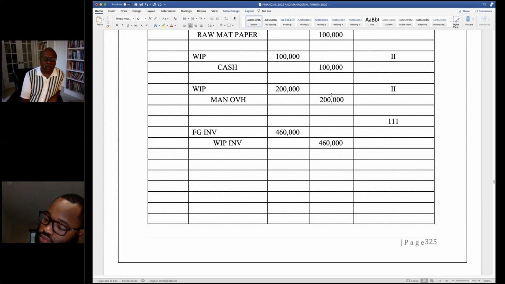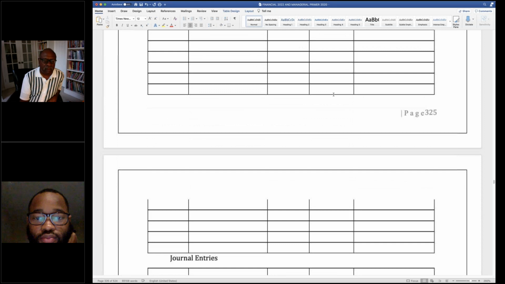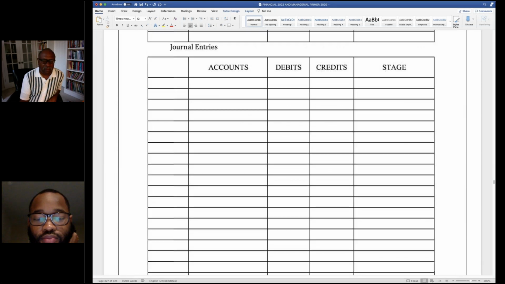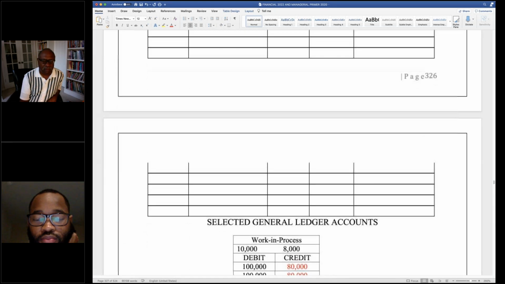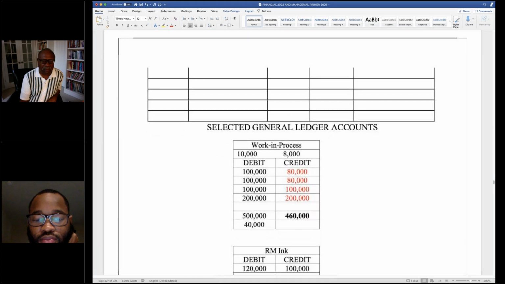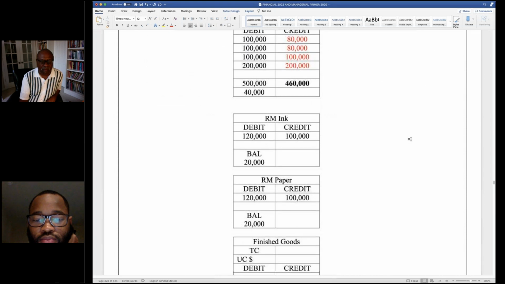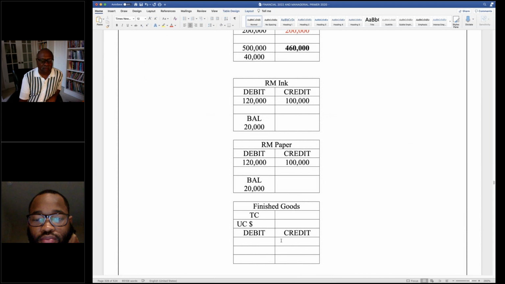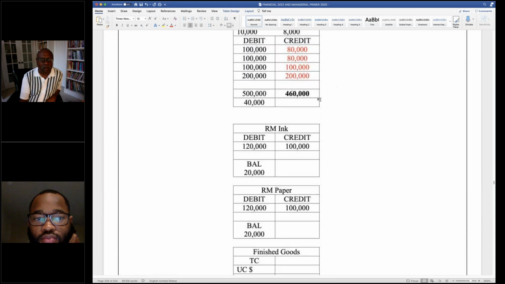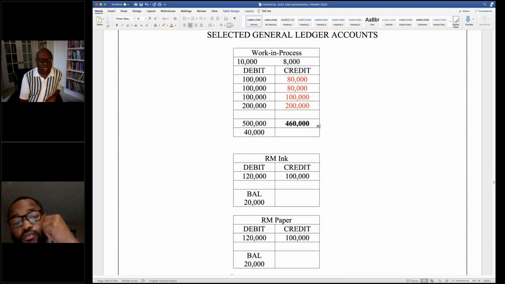Can I ask you a question, Professor? When I was doing my problem, it was similar to this. You see how we just took that number and we used it to start our finished goods in stage 3 journal entry. Once you add that 460 to the debit side of finished goods, doesn't that 460 also have to be a credit somewhere else? Yeah, it's a credit right here in work in process.